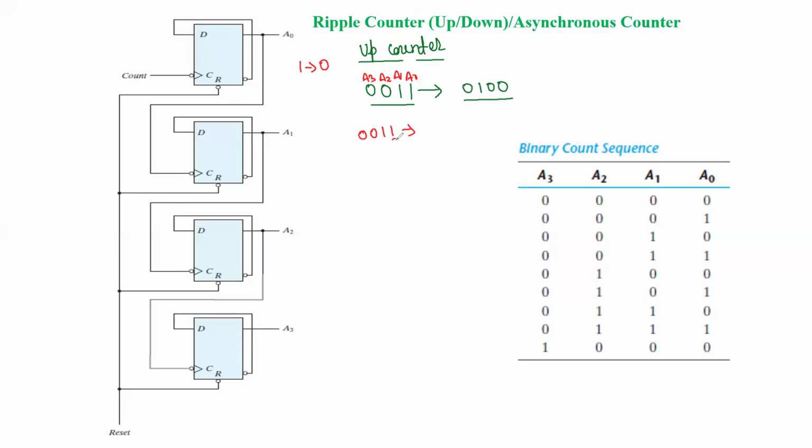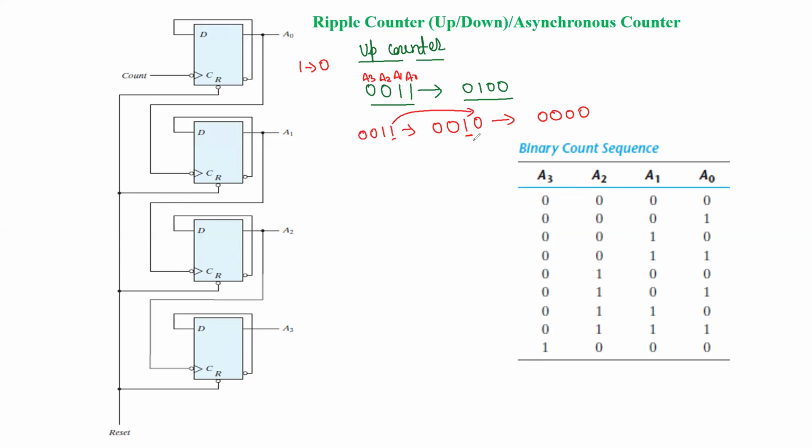Now this 1 is going to change to 0, so we get 0 0 1 0. Since this has changed from 1 to 0, it is going to complement the next bit. So now this bit will be complemented, and we get 0 0 0 0.